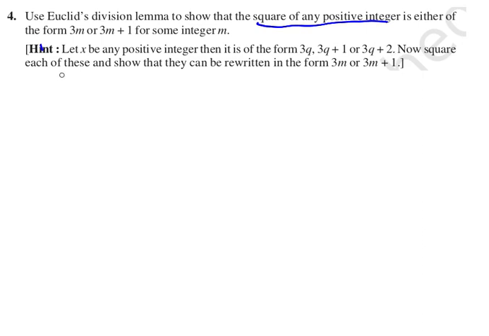Now, square each and show that they can be written in the form 3m or 3m plus 1. So, in the place of b, we have 3.